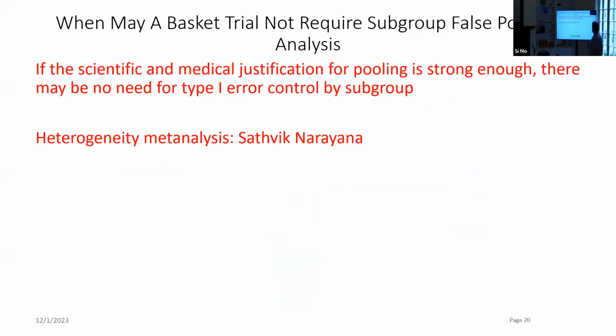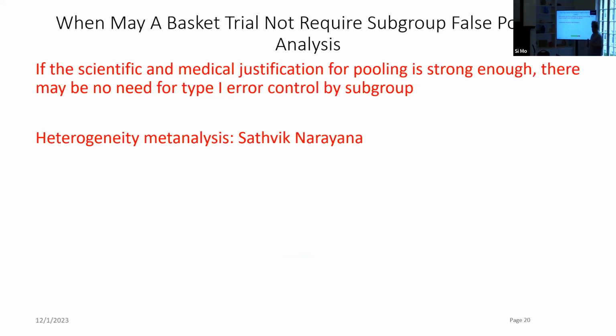Next slide, please. I would argue that if the scientific and medical justification for pooling is strong enough, there should be no need to control the false positives by the individual marbles. It should be the basket, just like a regular trial. But that's my perspective.